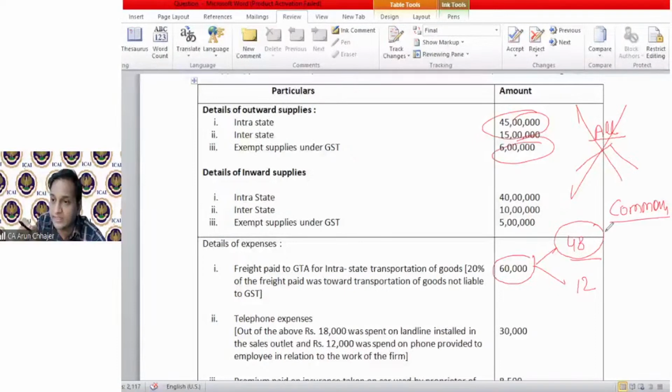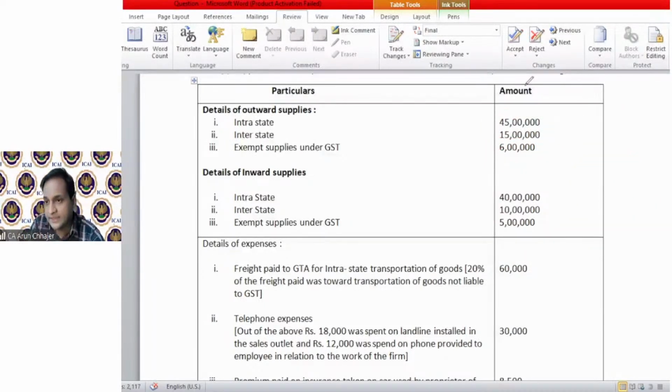If the ITC belongs to the taxable supplies, you're not required to reverse ITC to that extent. So in that case, for 48,000 there is no requirement of reversal. Absolutely correct. And for 12,000, I'm not required to avail any amount because it is completely toward exempt supply.